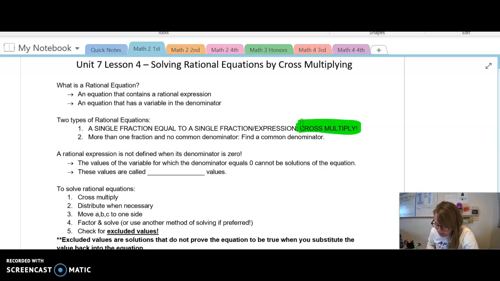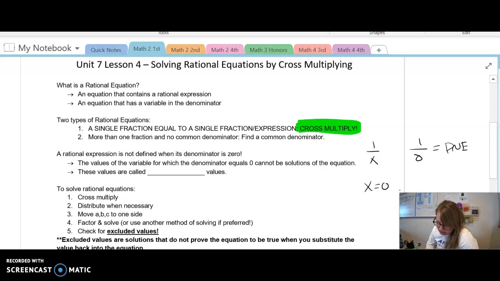Alright, so a rational expression is not defined when its denominator is 0. Meaning, if I have 1 over x, and x at any point equals 0, my fraction would be 1 over 0, and that does not exist. It just does not work. We can't take 1 out of nothing.